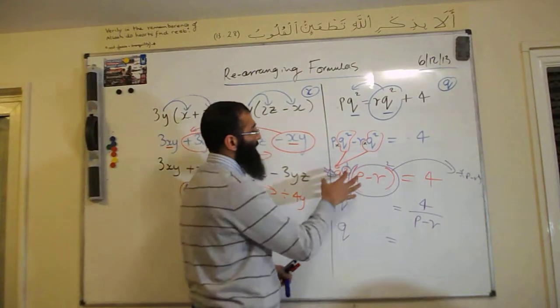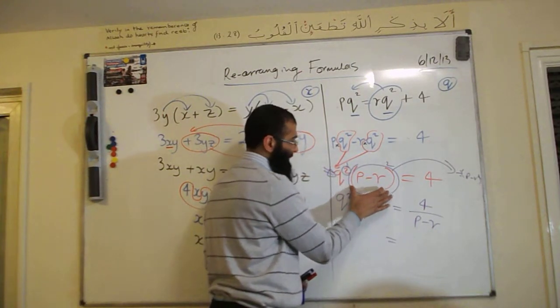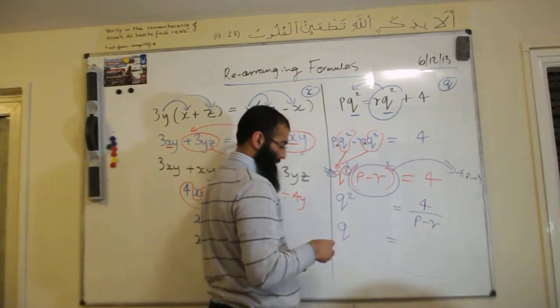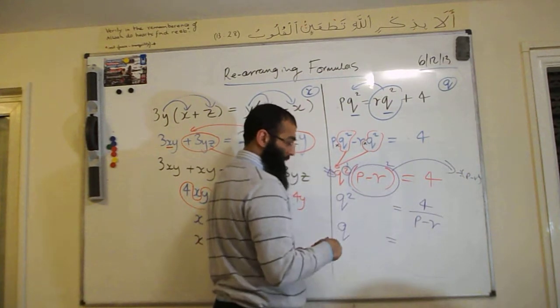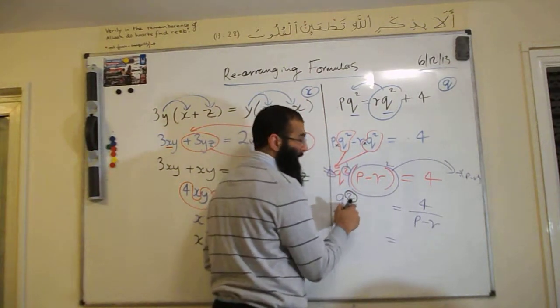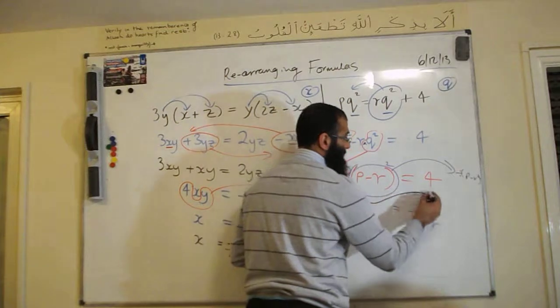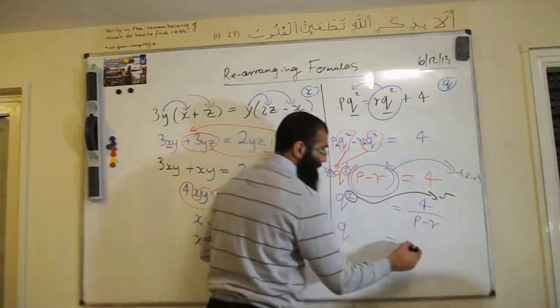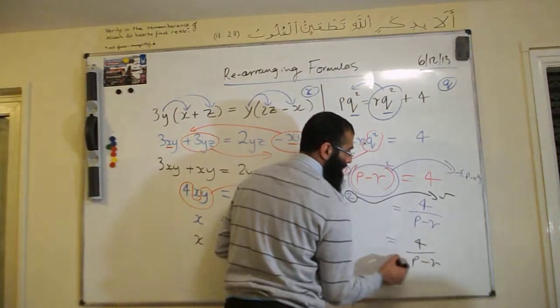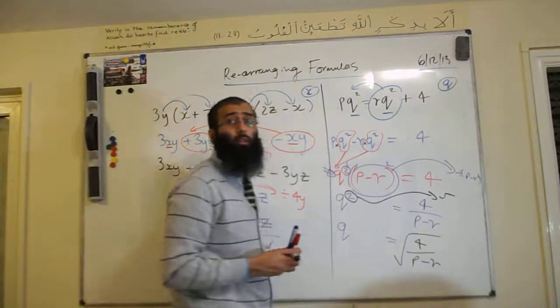We've moved the multiply by p minus r. What we've got left over now is the squared. What do we do with the squared? Take it over to the other side, and it becomes a square root. So the opposite of squaring on the left hand side is to square root on the right hand side. So we have q equals 4 divided by p minus r, all of it square rooted.